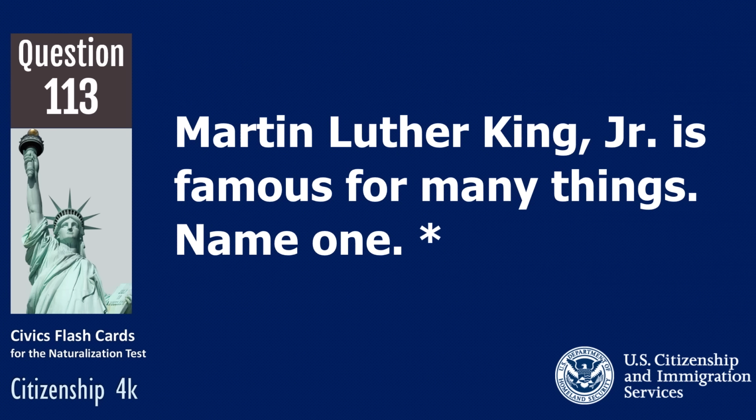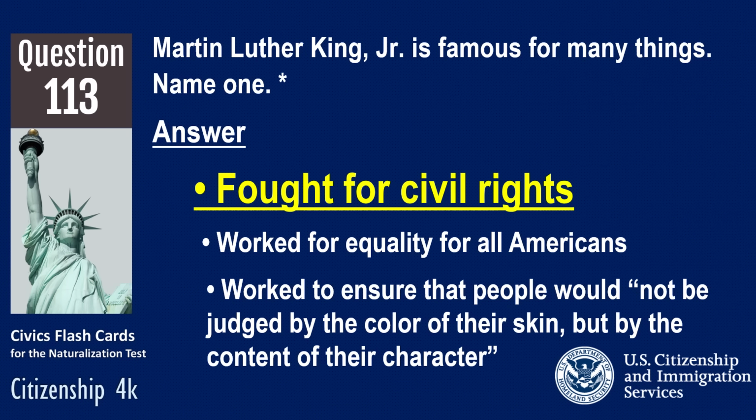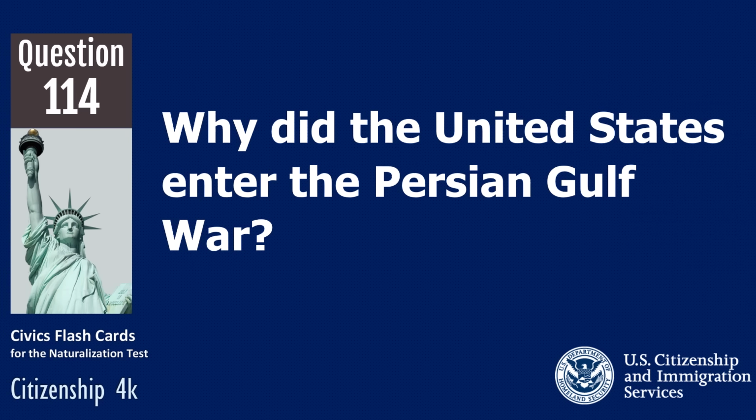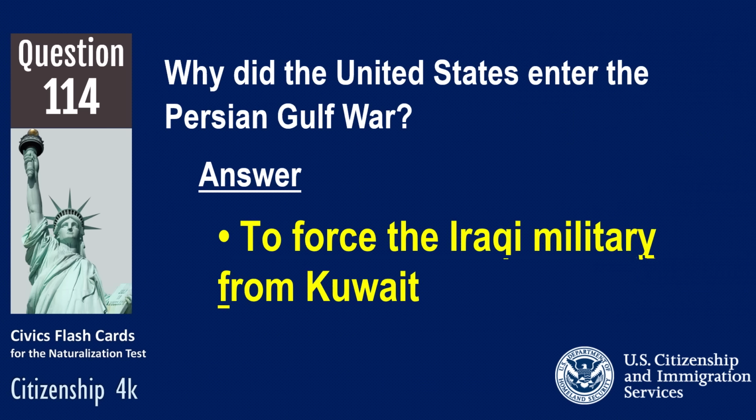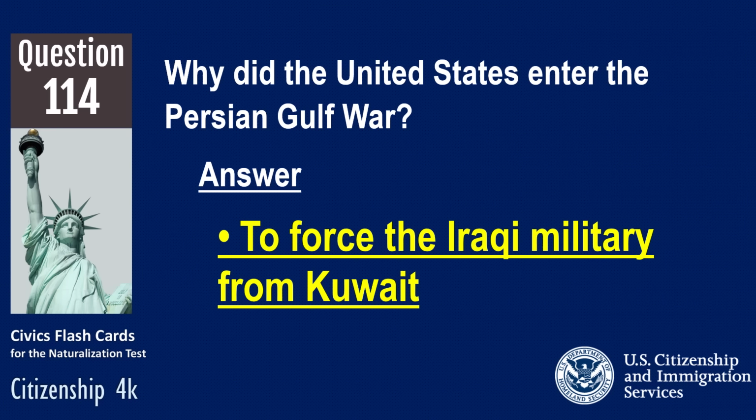Martin Luther King Jr. is famous for many things. Name one. Fought for civil rights. Why did the United States enter the Persian Gulf War? To force the Iraqi military from Kuwait.